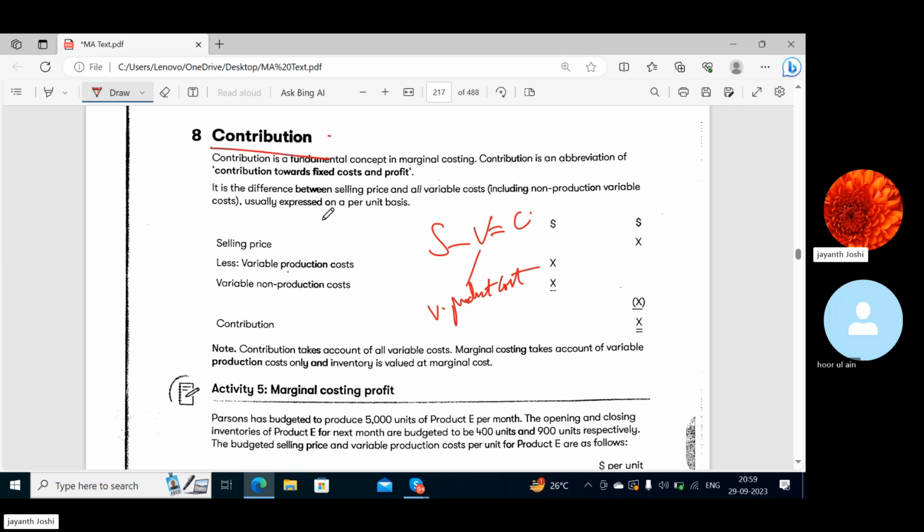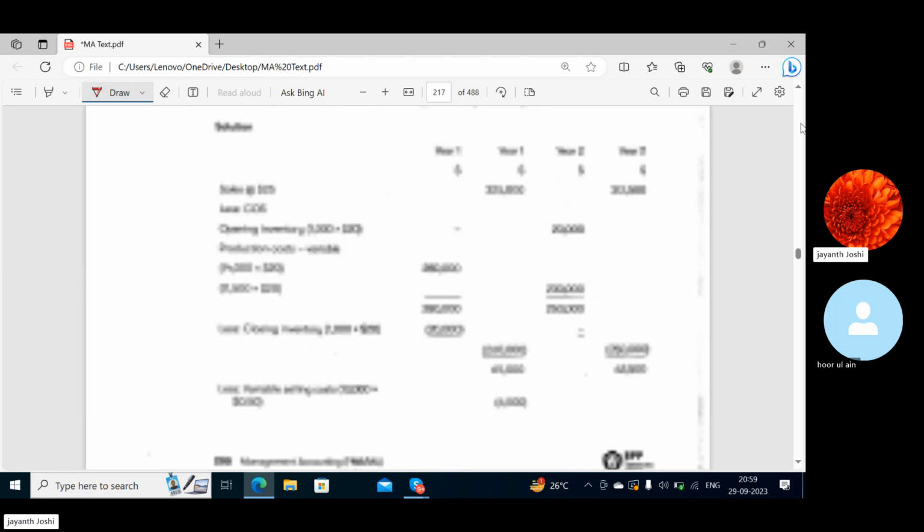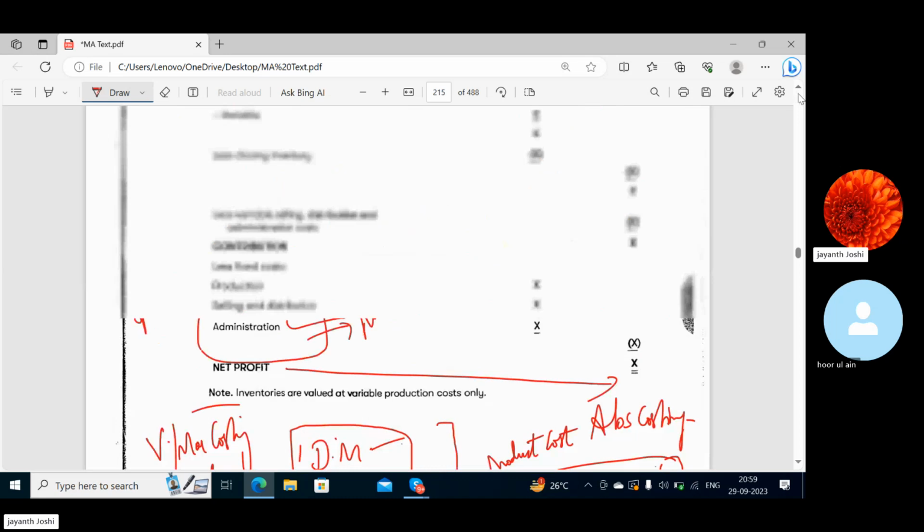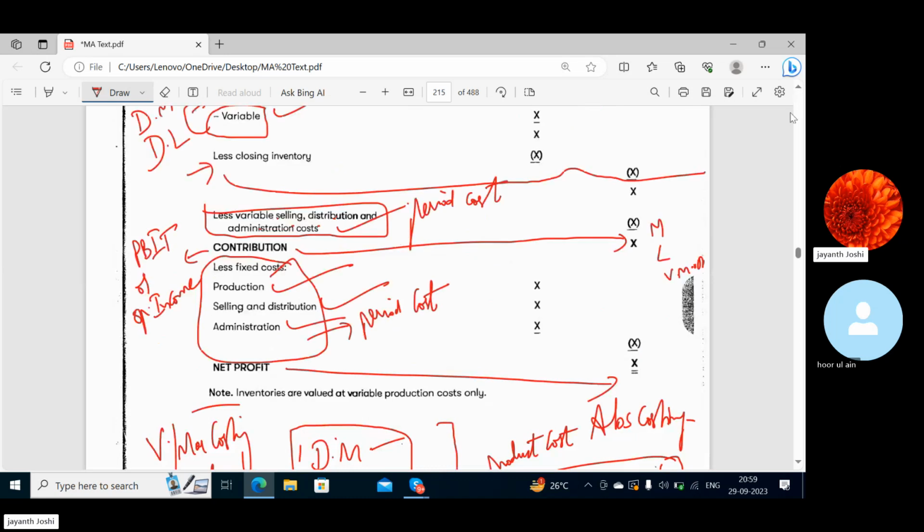You will get contribution when you subtract all the variable cost from sales. All the variable cost. Now don't think, sir, the statement was something else. No, don't consider it statement-wise.